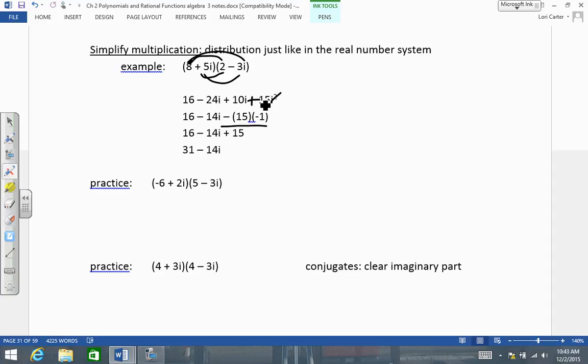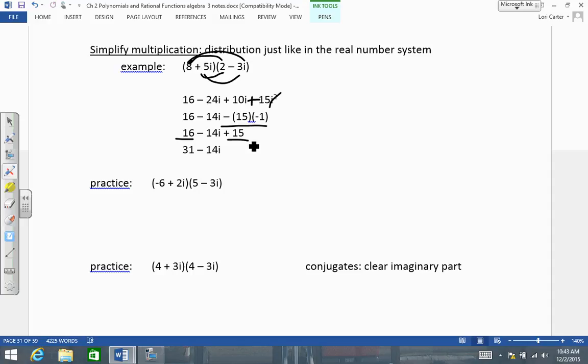Okay? Now you combine like terms. The first term and the last term are real, so they go together. And I have one imaginary, so we just write him down. Questions? Makes sense. FOIL, combine like terms, i squared equals negative 1.